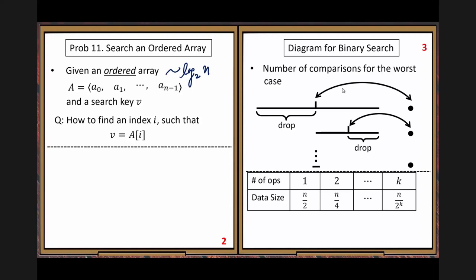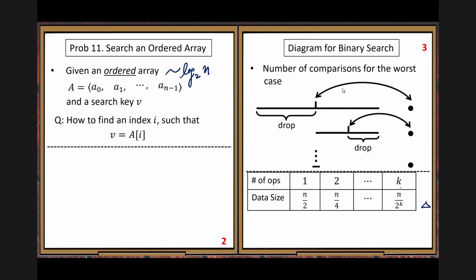The approximation should be very close, because we only drop fractions. When we get a non-integer, we only drop the fractional part, so the approximation is really good and we can accept it. Then, after k comparisons, the data size becomes n over 2 to the power of k. That is the expression for the data size.